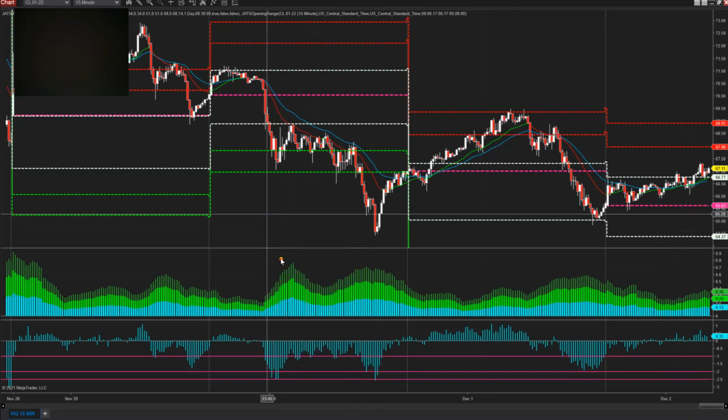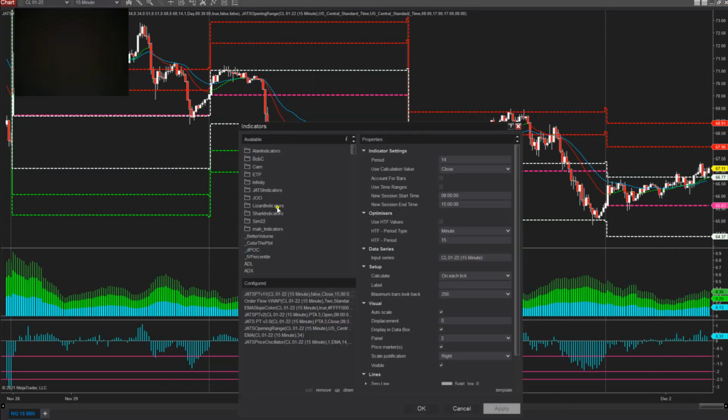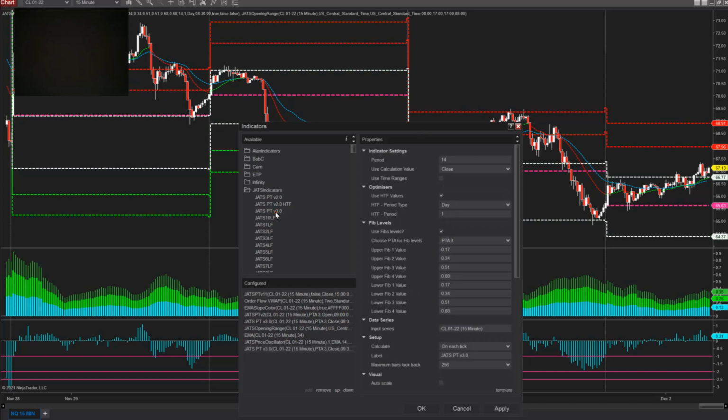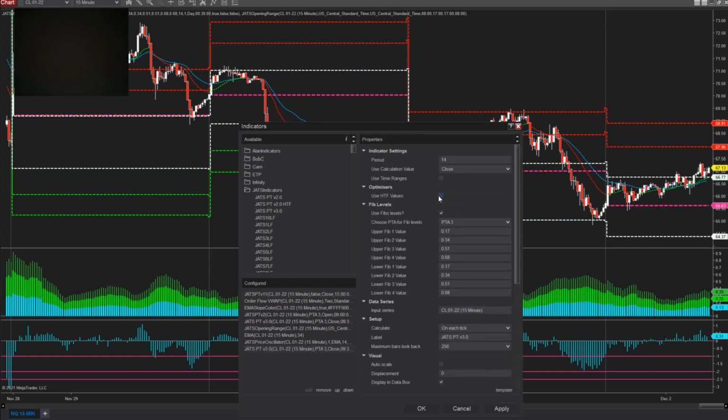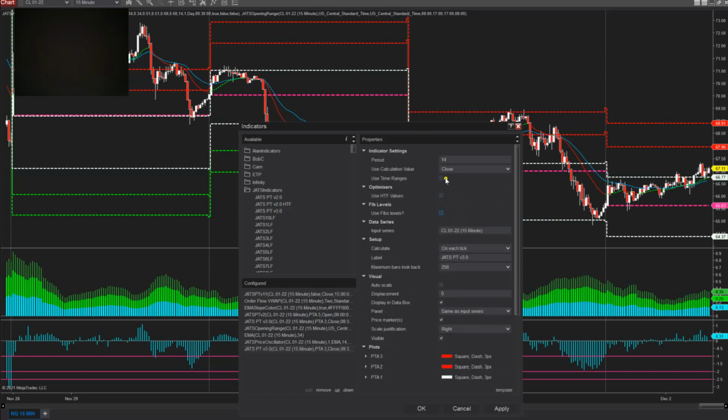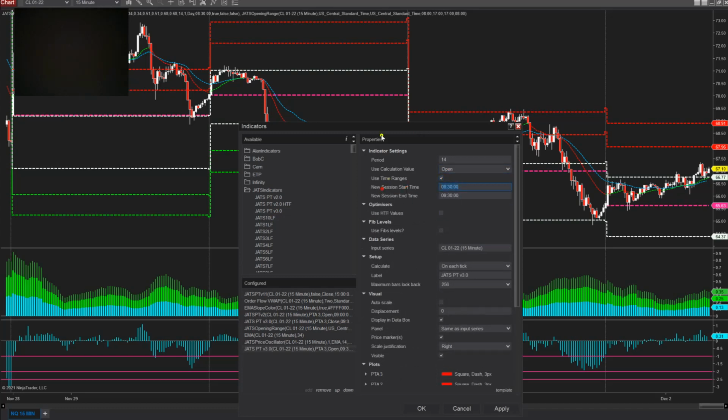So I do other things with the indicator. I can put a nighttime custom distribution on it, and I'll draw it for you right now so that you can see it. So instead of a daytime, we can change it to the Globex distribution.